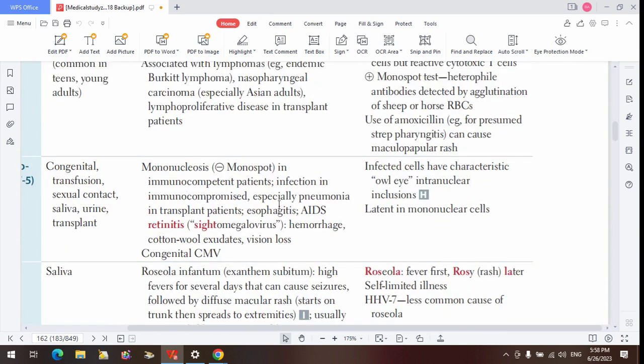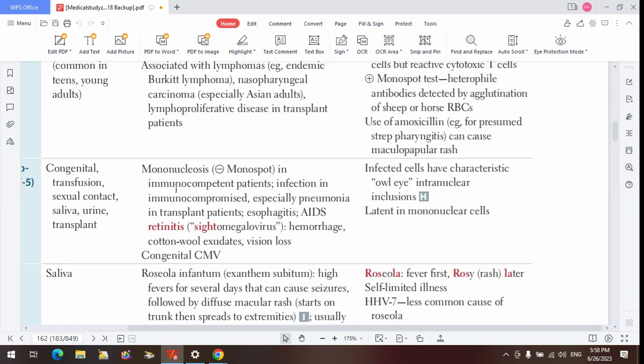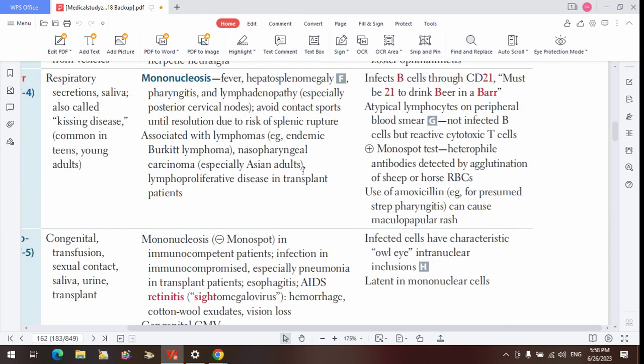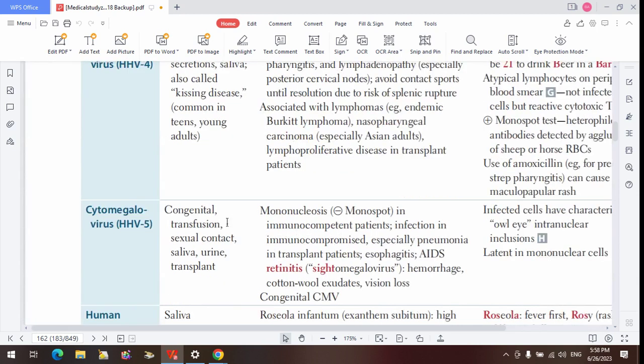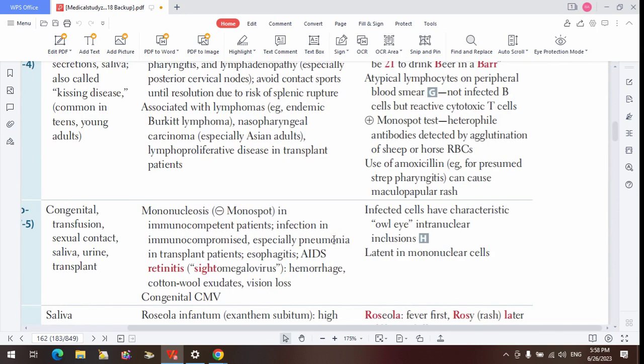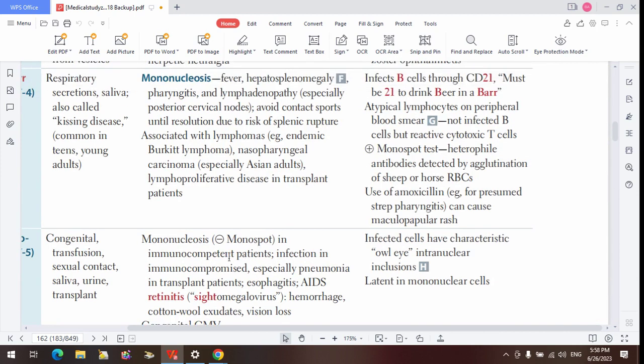So what is special about cytomegalovirus? It can also cause mononucleosis, just like Epstein-Barr. What you can use to separate them is that once you see a question presenting this history and saying the monospot is negative, they are already guiding you to answer. Most of the time, it will be cytomegalovirus, because toxo also has a negative monospot test, but it will not cause mononucleosis.